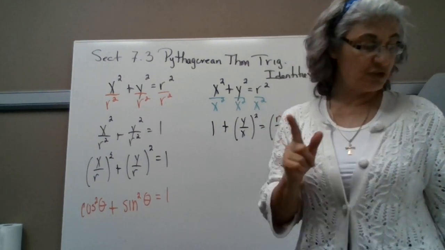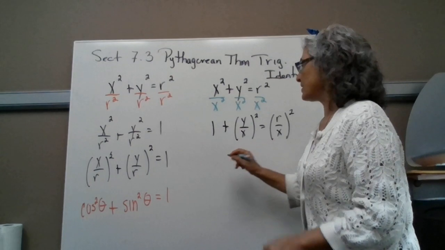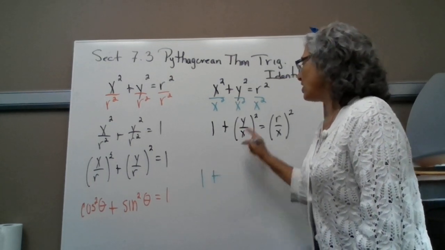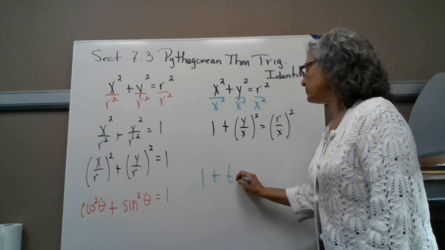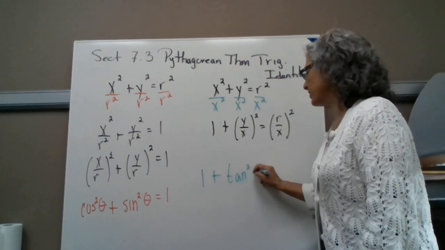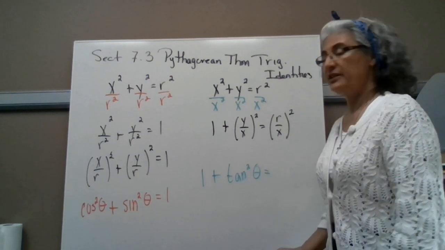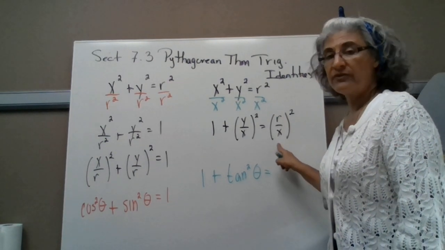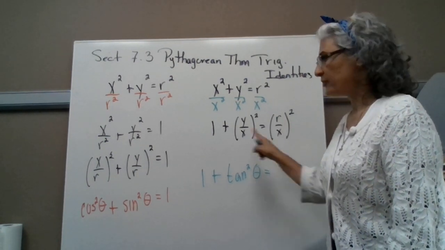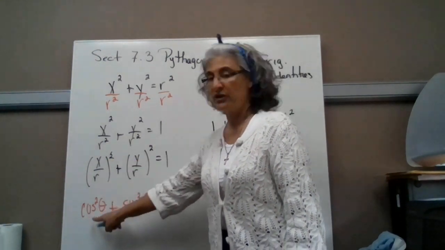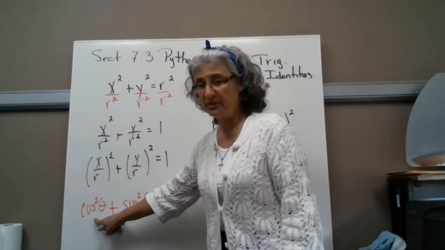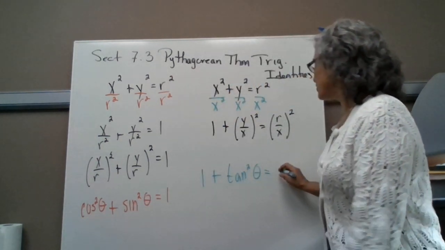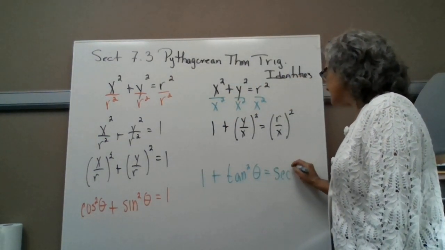Now, think to your trig identities again. This is still a 1. Y over x, isn't that tangent? So 1 plus tangent squared of theta equaling r over x. Well, from over here, we know x over r is cosine. So I need the reciprocal of cosine, which would be secant.